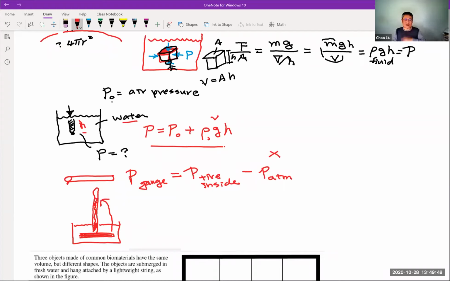And why would this drop down? Well, because when you lift it, it's not horizontal. All this mercury has a mass, and the mass will be attracted by the Earth, and the force of the Earth is going to try to pull it downwards. So this block of mercury has a weight. This is the mg, the weight of the mercury.